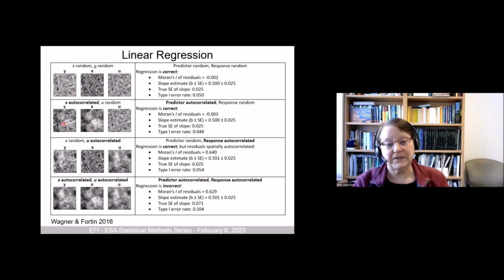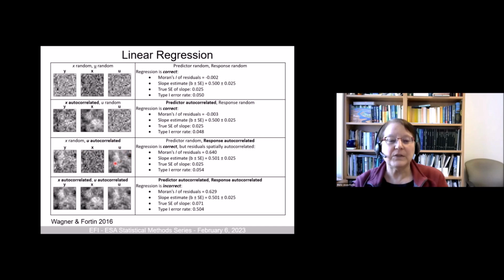And here in the second one, what we are seeing is that the predictor has some spatial structure, and not the response or the error. So in this case, the regression is also correct. The residuals are not significant, so very weak spatial autocorrelation in the residual, and our type 1 error is still almost okay.